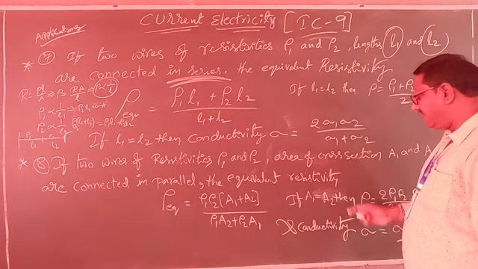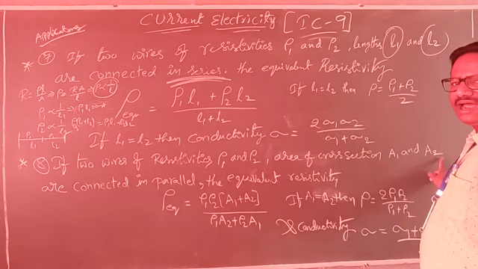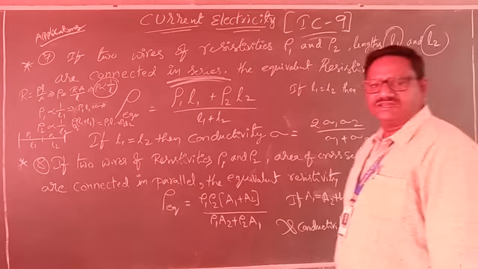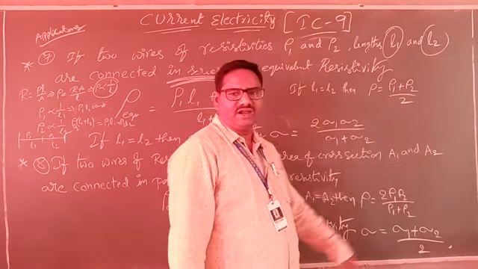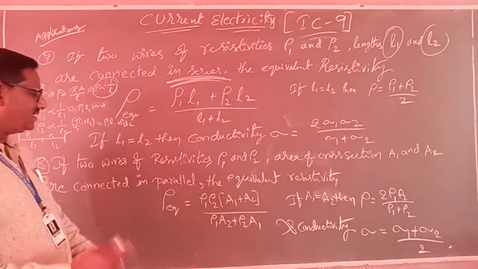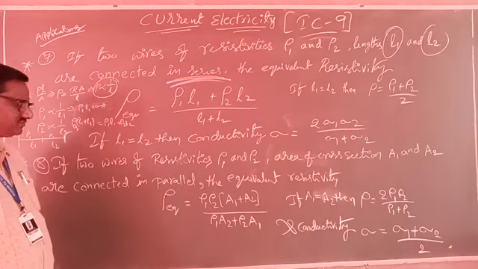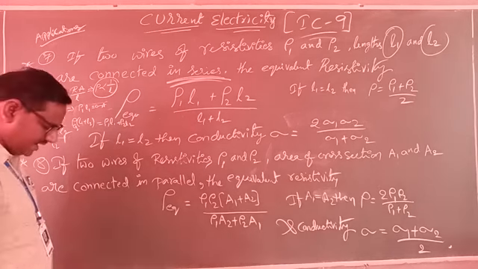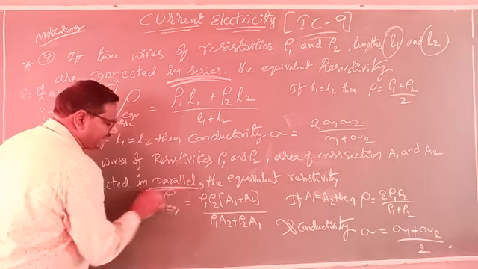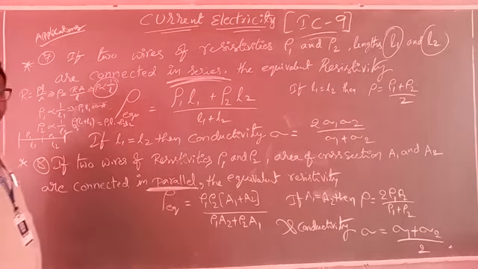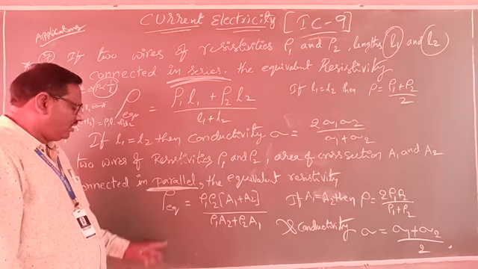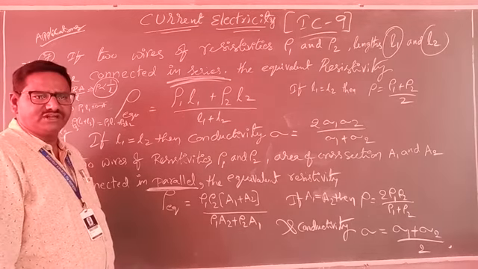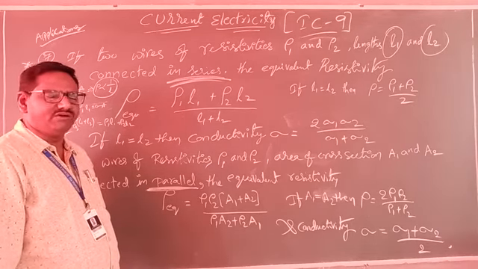Suppose instead of these lengths, now I consider area of cross sections A1 and A2. If I consider uniform area of cross sections for the two wires as A1 and A2, like this, now I want them connected in parallel. Which combination is it? Parallel combination. Then equivalent resistance, if two resistors are connected in parallel, what you can write?